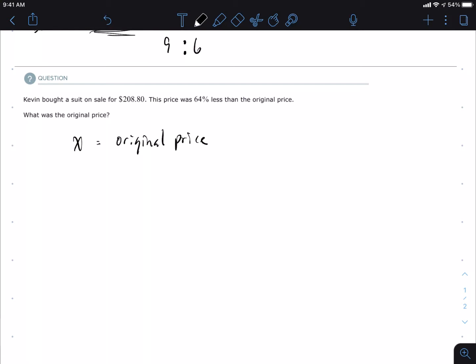Okay. All right. So in this problem, to find out what the price is here, we have to manipulate it.